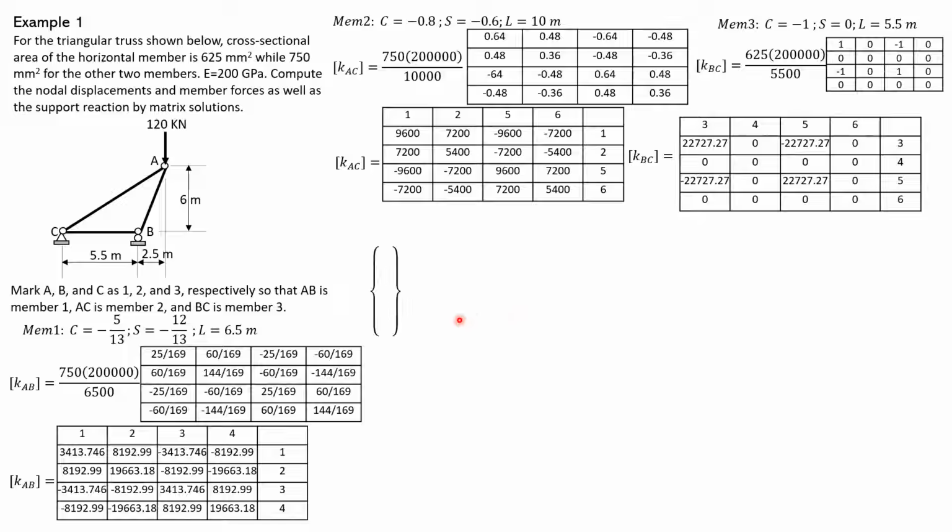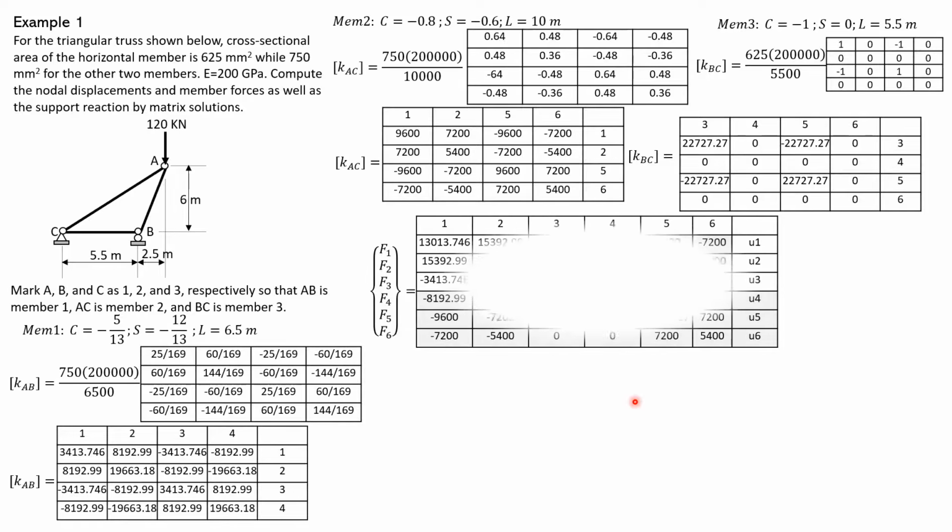Then let's now assemble the matrix. It's expected 6 by 6, but we only deal with a 3 by 3 matrix after we eliminate rows and columns associated with 0 displacements.